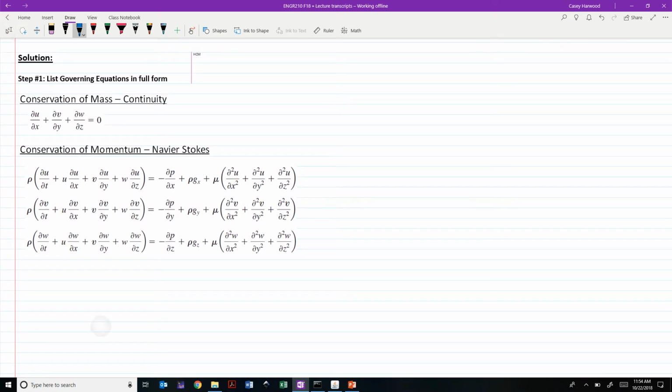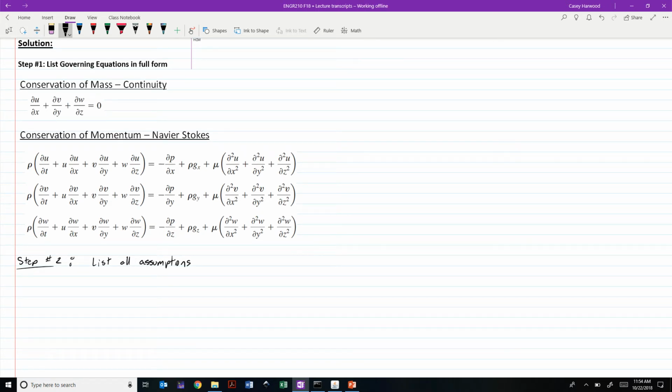So the next step would be step number 2. List all assumptions that we could use to simplify the problem. So the first assumption is we'll go ahead and say that the flow is parallel to the plates.